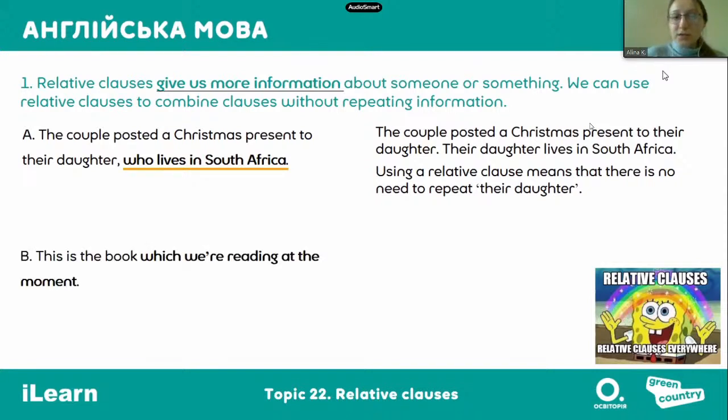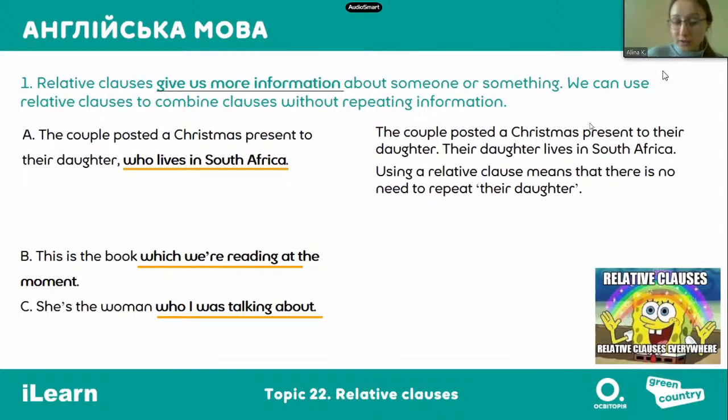Also, we can use relative clauses in some other examples. Let's look at two more sentences. Sentence B. This is the book which we are reading at the moment, and C, she is the woman who I was talking about. In this case, we also have relative clauses: which we are reading at the moment and who I was talking about.